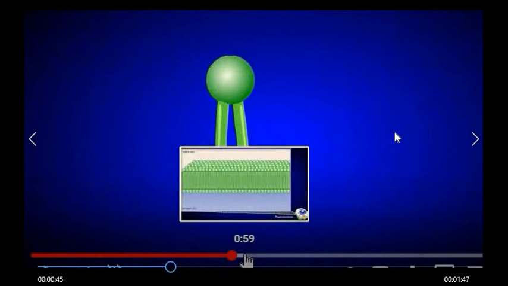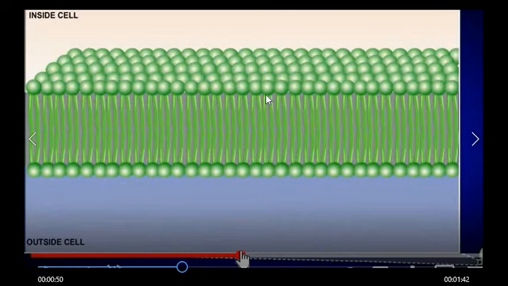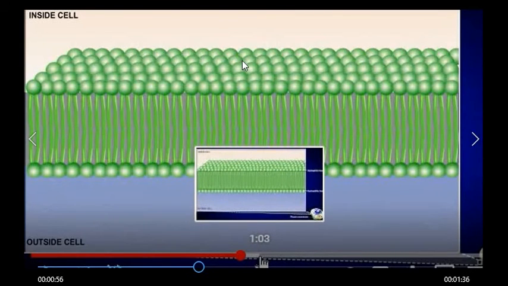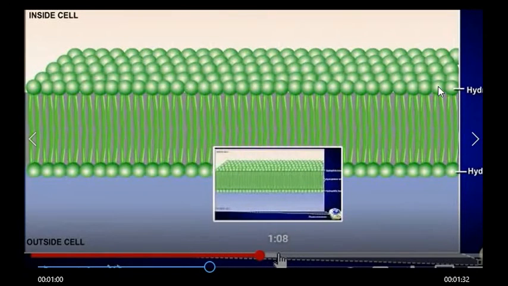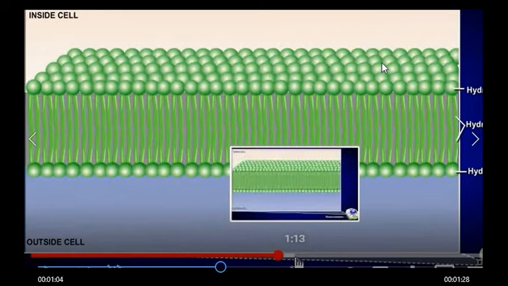bilayer form that faces the hydrophilic head facing outer side here like this. It is facing outer side. All these heads, which are hydrophilic in nature, are facing towards the outer side as well as towards the inside of the cell.